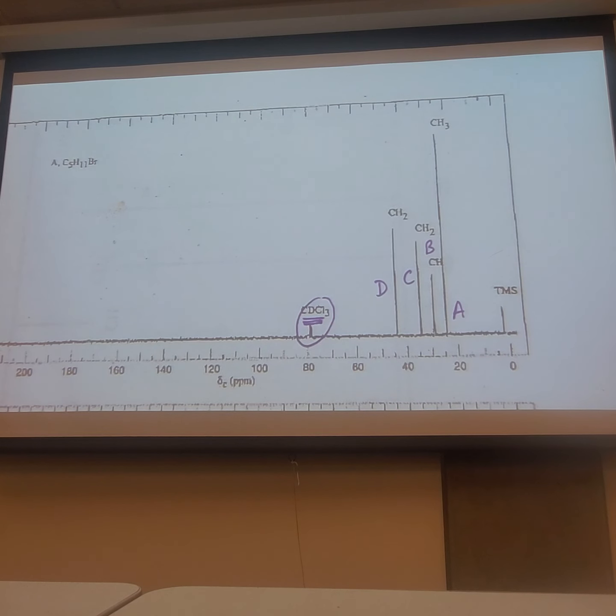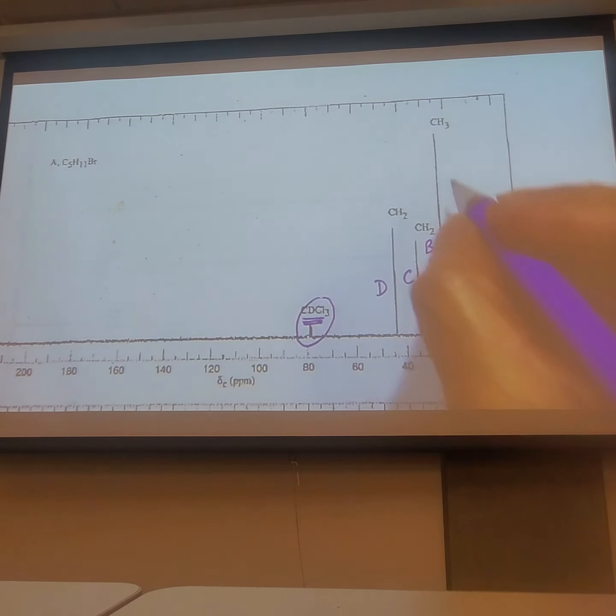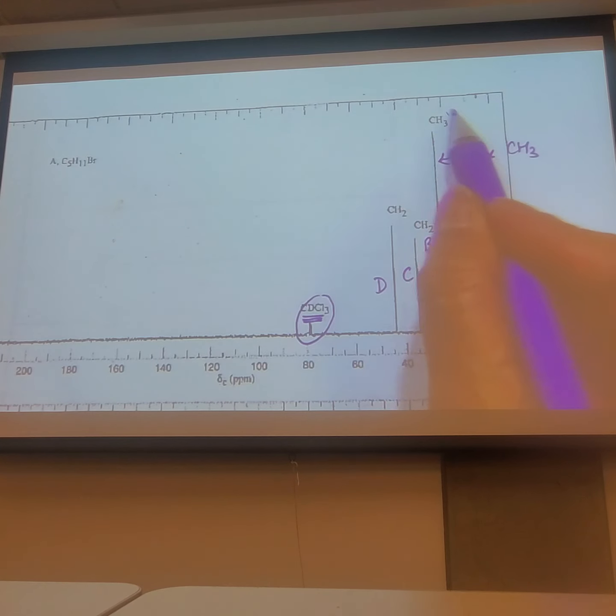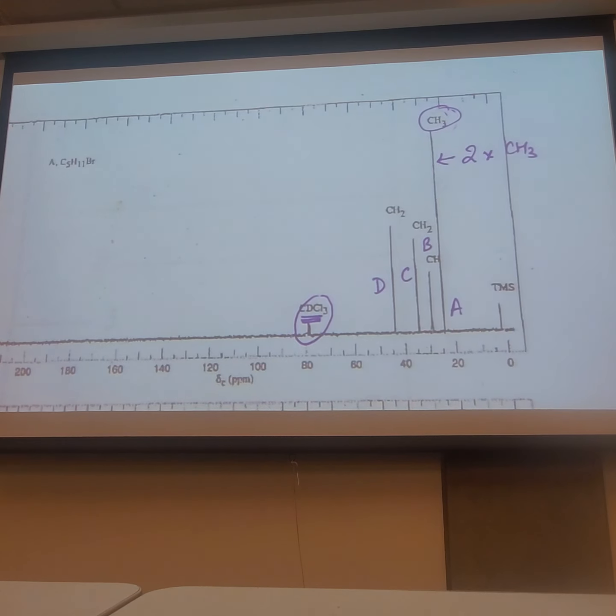Therefore, we can say signal A is for 2 equivalent methyl groups.